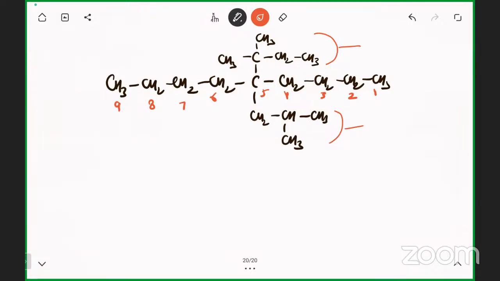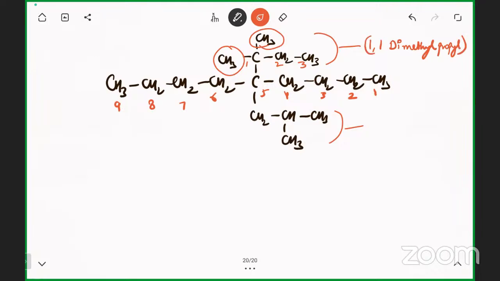So first, if I write the name of this substituent, this will be 1, 1. See, 1, 2, 3. 1, 1, dimethyl, 3 carbon, then propyl.